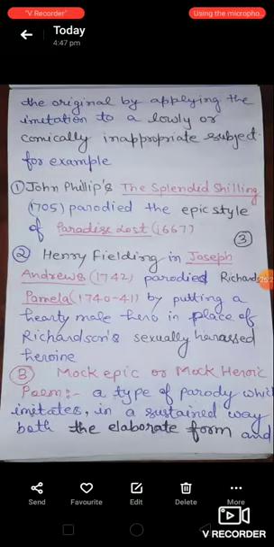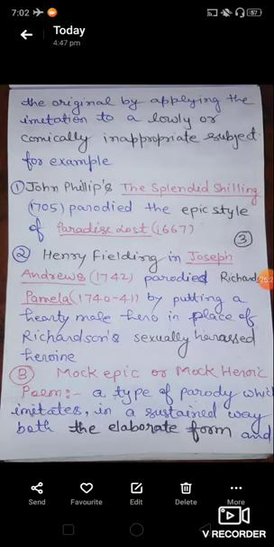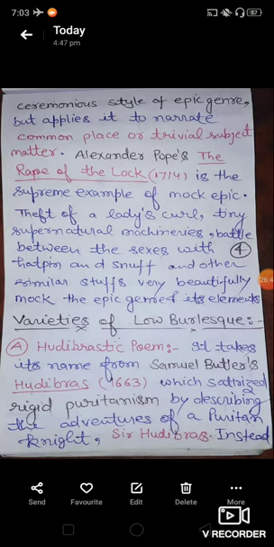Elaborate form, as we know how much elaboration is there in an epic, and that makes that epic very long. So epic genre has elaborate form and ceremonious style, and both are being imitated in this kind of parody.